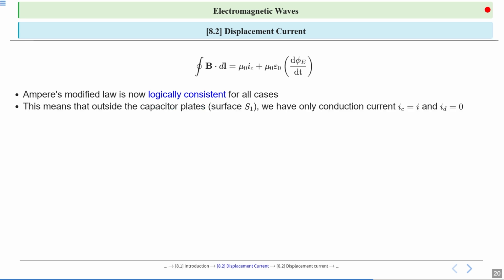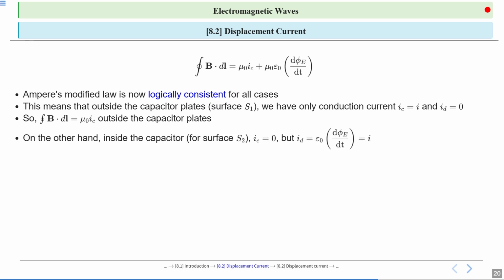This means that outside the capacitor plates, for surface S1, we have only conduction current IC equal to I and ID equal to 0, and B dot dl will be equal to mu naught IC. But inside the capacitor plates, for surface S2, IC is 0, since conduction current is not there, but ID exists due to the rate of change of electric flux with time.